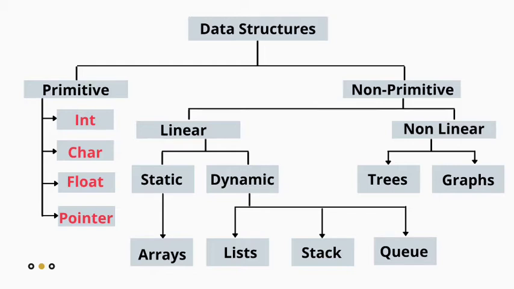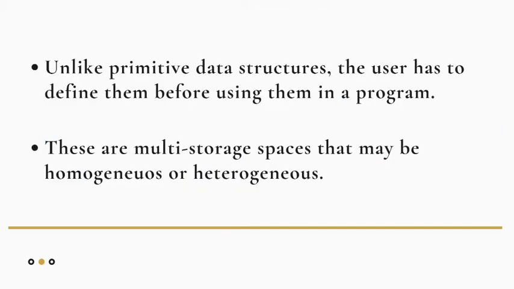Okay, so moving on to the other side, non-primitive data structure. Unlike primitive data structures, they are not built in, so the user has to define them before using them in a program, as to what type of values will be stored, how many values, and other factors.